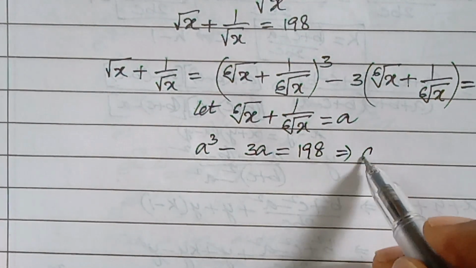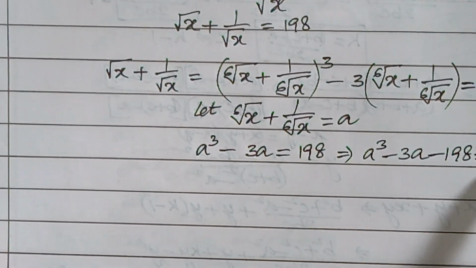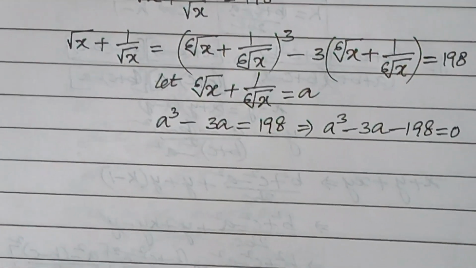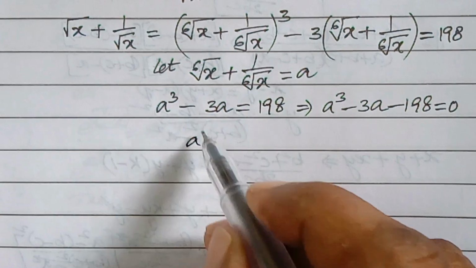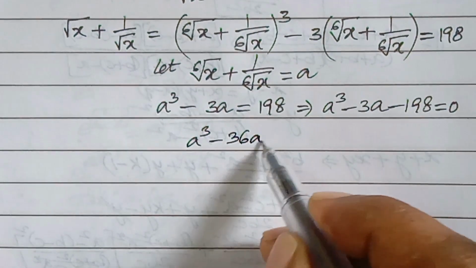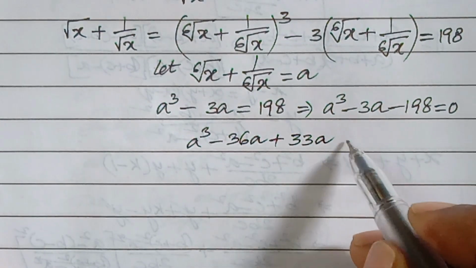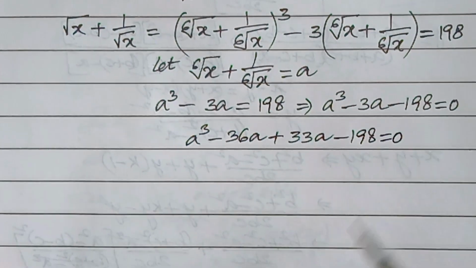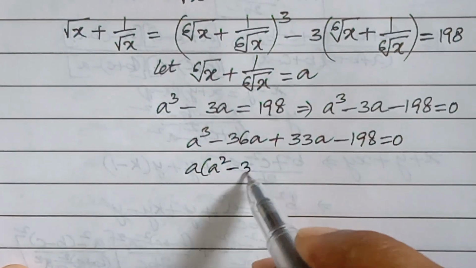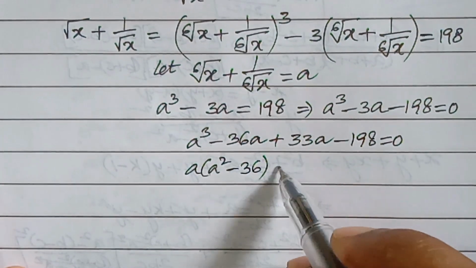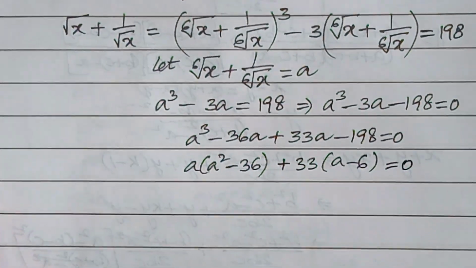That implies a cube minus 3a minus 198 equal to 0. So here you'll get a cube minus 6a square plus 6a square minus 36a plus 33a minus 198 equal to 0. Here you can take a common: a square minus 36 plus 33 into a minus 6 equal to 0.